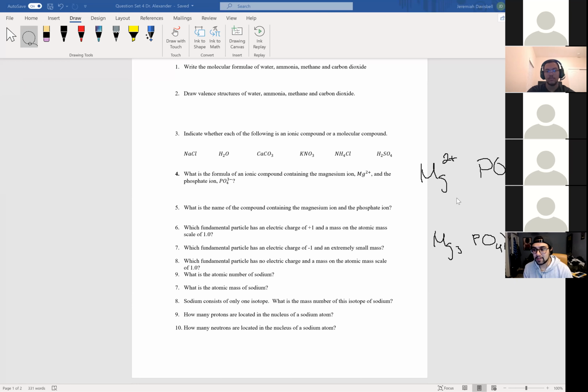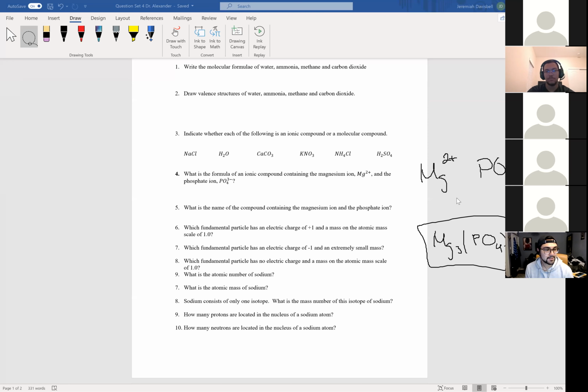So that's why we leave it in parentheses. That's why we leave it as its own compound. So phosphate ion is its own compound. That's why we don't distribute the 2 whenever we write it. But yeah, this is correct. Okay, is there any questions on that one?